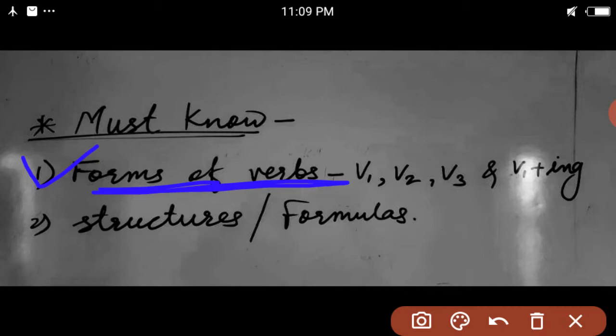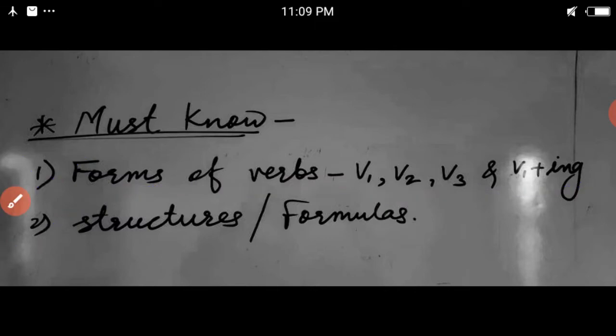That we call V1, V2, V3, and V1 plus ing form. So V1 is the present tense form, V2 is the simple past form, V3 is the past participle, and V1 plus ing is the present participle. So first we must know the forms of verbs. Next, we must know structures or formulas of tenses.